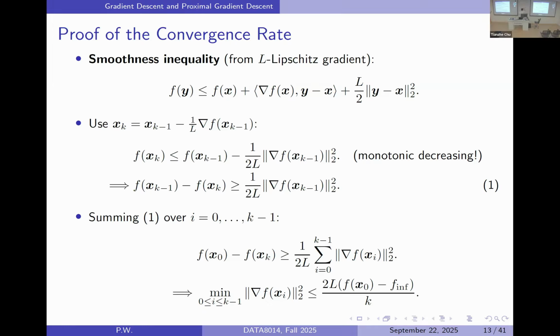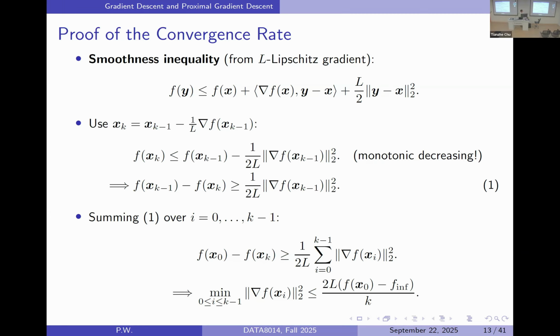First, suppose that we have the gradient L-Lipschitz. Using the L-Lipschitz property, we can derive the quadratic upper bound for this function. This is the linear term, and that is the quadratic term. We refer to it as the quadratic upper bound.